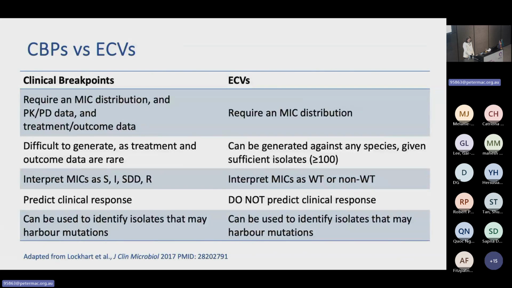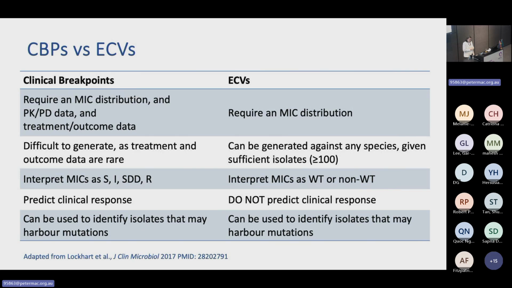Just to summarize the differences between a breakpoint and an ECV, clinical breakpoints require MIC distributions to develop, as well as pharmacokinetic data and treatment outcome data, whereas ECVs are based solely upon MIC distributions. So breakpoints are actually difficult to generate because treatment and outcome data are quite rare, while ECVs can be generated more or less for any species, provided we have sufficient isolates of it.